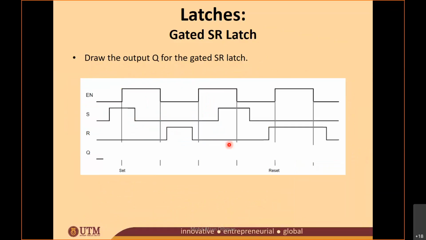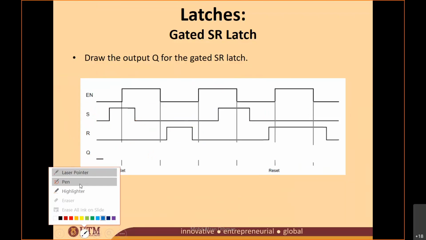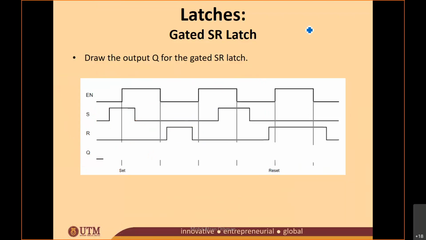Okay, so let's look at the example here. Now you're going to draw the output for the gated SR latch. This is your enable input, and this is your S input, and this is your R input. So first, apa yang kita kena buat is we need to know kita punya truth table of gated SR latch. Kamu ada enable kat depan ni.